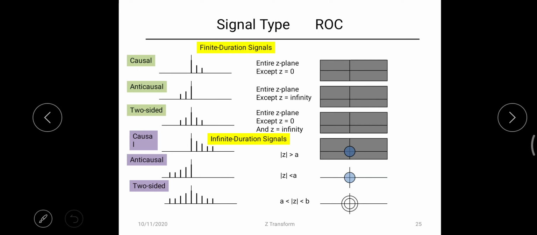And for anti-causal, that is non-causal, my ROC will be inside the circle with radius a. If it is a double-sided infinite duration, then it will be between a to b or between b to a, depending. That's a concentric ring.